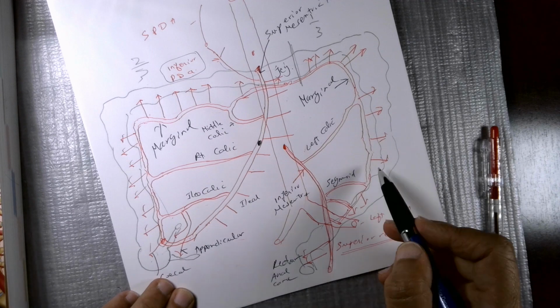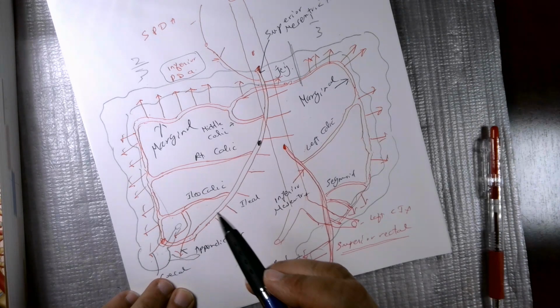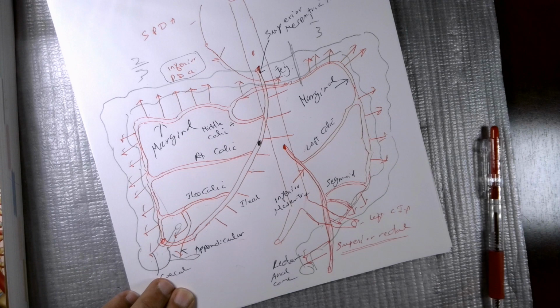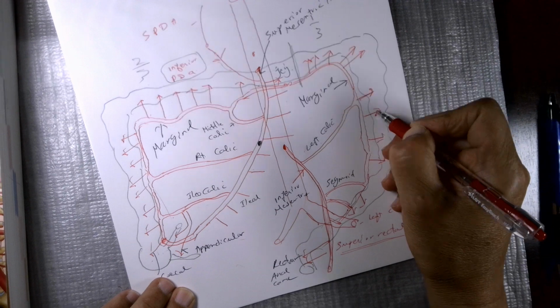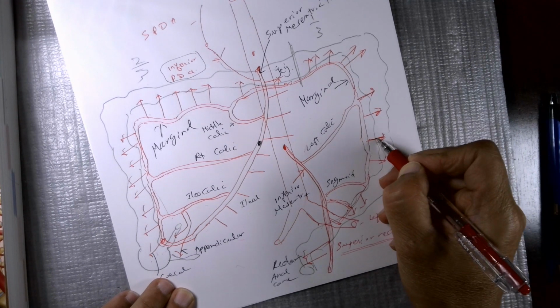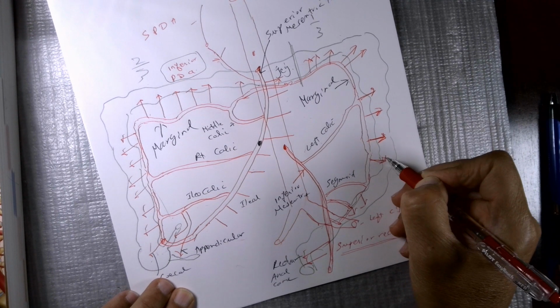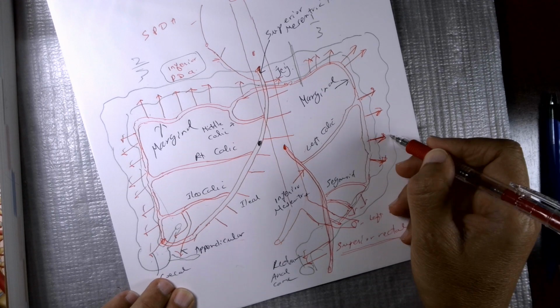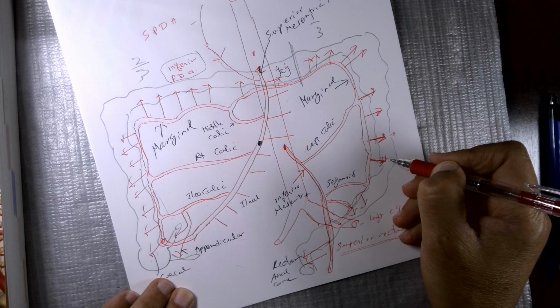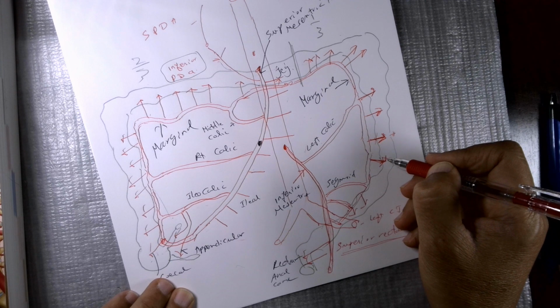The marginal artery can compensate for obstruction of superior or inferior mesenteric artery. But those arteries which we call vasa recta, because they are straight, rectum means straight, there is no much anastomosis between them. If there is obstruction here, this area is going to be ischemic and maybe dead.